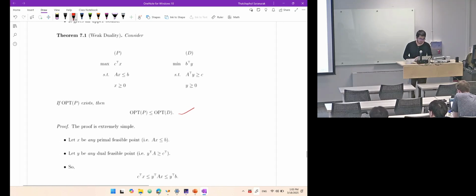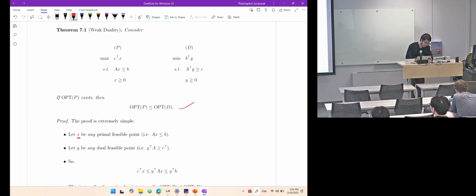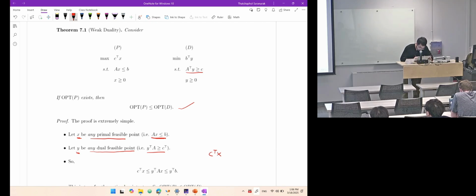The reason is, let's say x is any primal feasible point, that is you have this thing, and y is any dual feasible point, that is you have this thing. So I can just write down the primal objective here, but this is at most, by this thing, you have that c is at most yA.